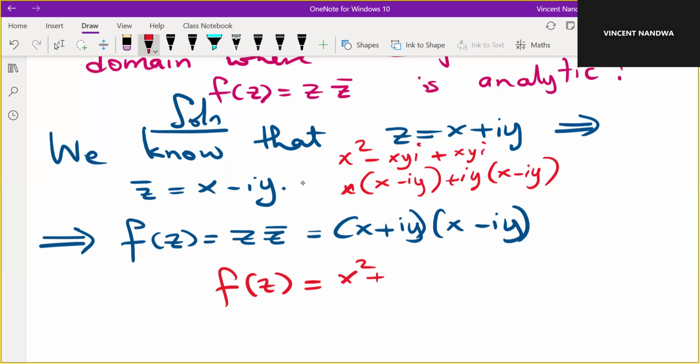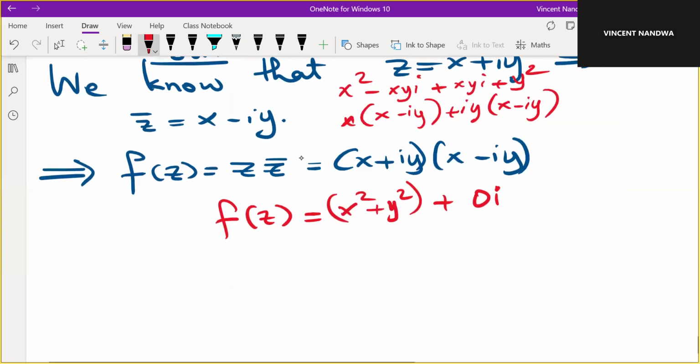Y times y is y squared. So we'll have x squared plus y squared, and then just plus 0i, since minus xyi plus xyi is 0.